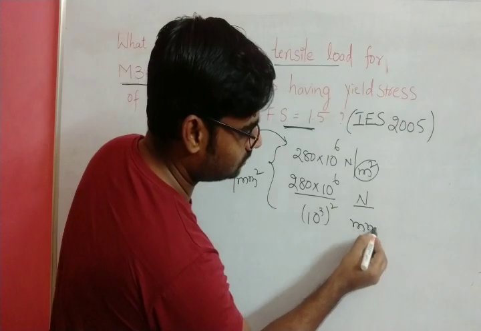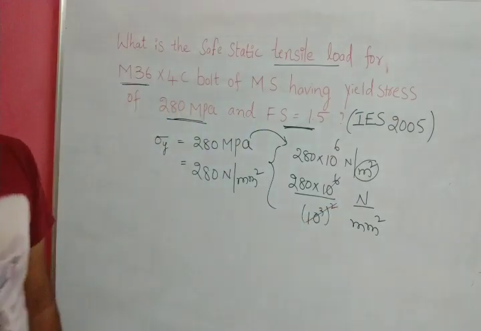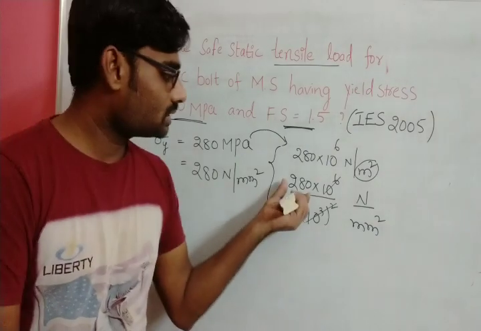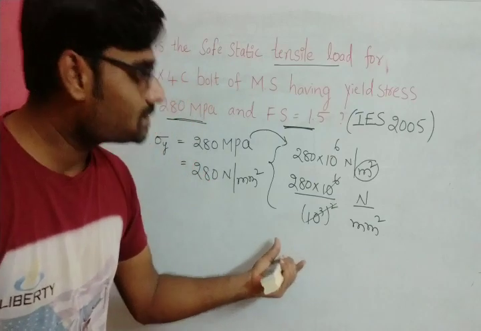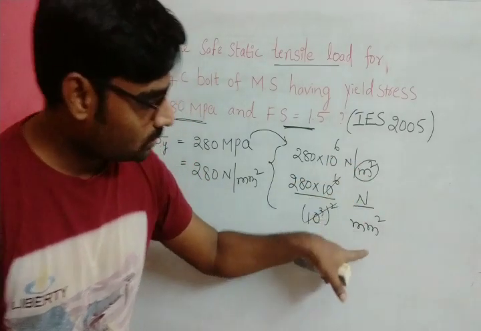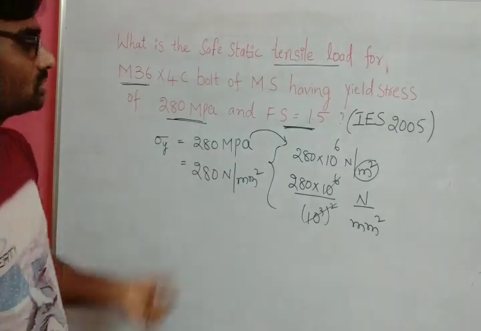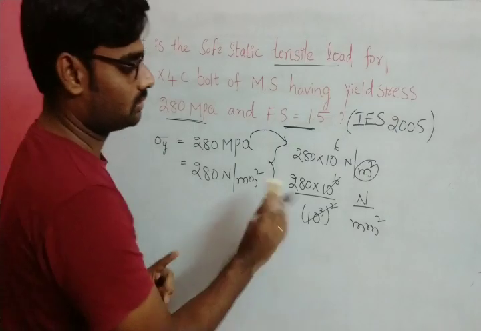So this is in terms of Newton per mm square. The 10 power of 6 and 10 power of 6 cancel, so the remaining term is 280 Newton per mm square. This is the procedure for converting Newton per meter square to Newton per mm square. That means 280 MPa, and 1 MPa means 1 Newton per mm square.